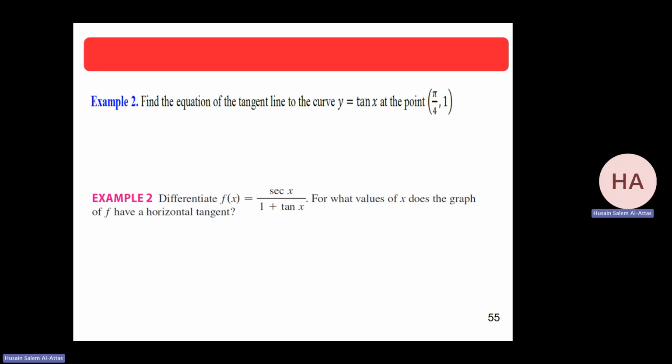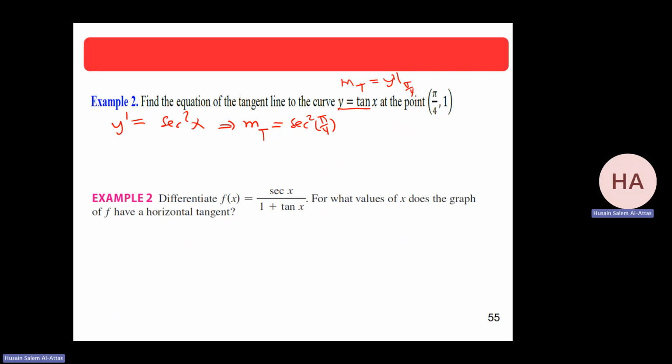More questions. Now we have to find the equation of the tangent line. What will be the slope? It will be y prime at pi over 4. So what is y prime? It will be secant square x. So the slope will be secant square at pi over 4, which is what? 1 over square root of 2 all square.